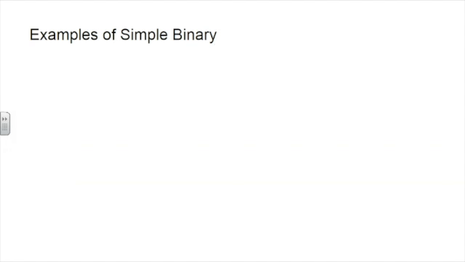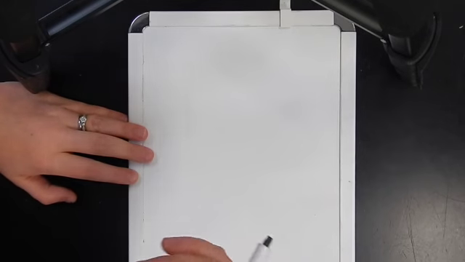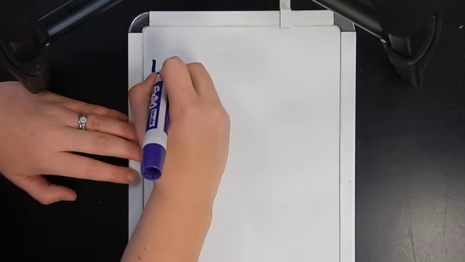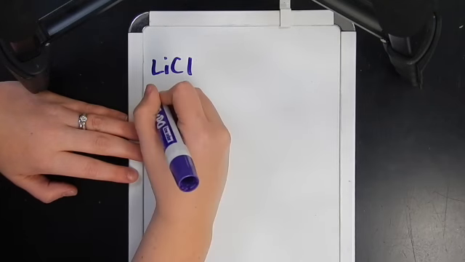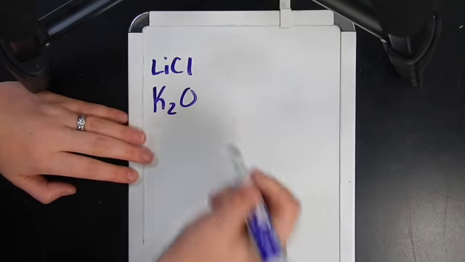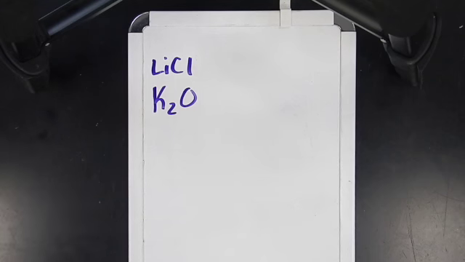All right, so I'm now going to do some examples of going from the compound to the name, or how to name those compounds. So we're going to practice simple binary. First, I want to go over how to name compounds. You'll be given the compound and what it looks like, and you'll use this to write out the name.